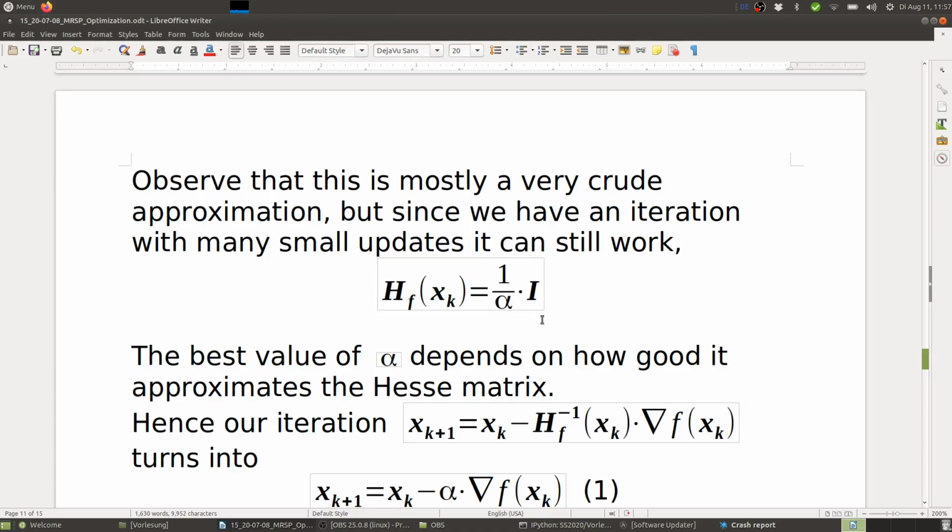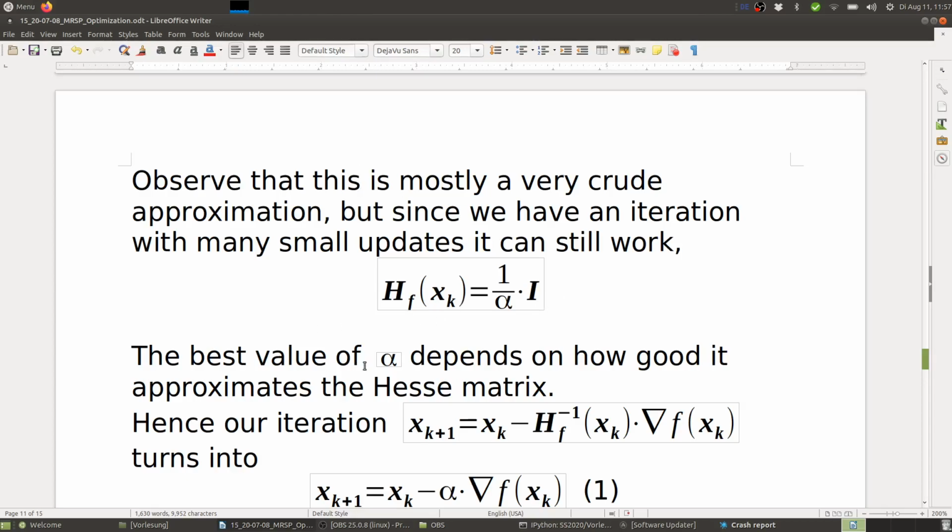Instead of taking all those second derivatives, we ignore those mixed second derivatives. We assume they are very small, and then we also assume that all the second derivatives with the same variable are identical and have a given value 1 over alpha, right? So that's also a quite restrictive assumption.